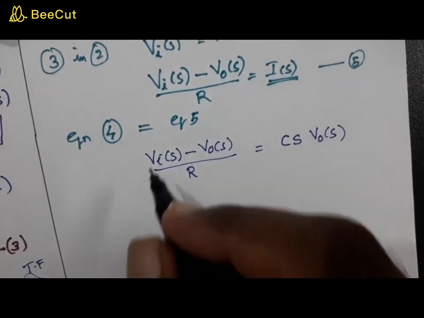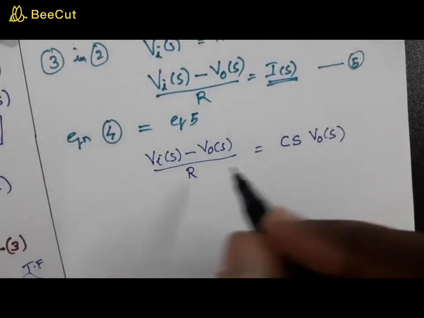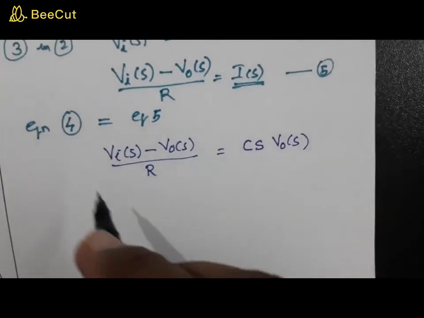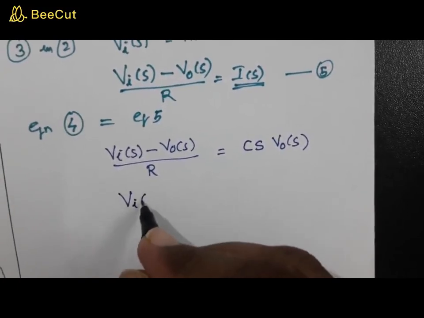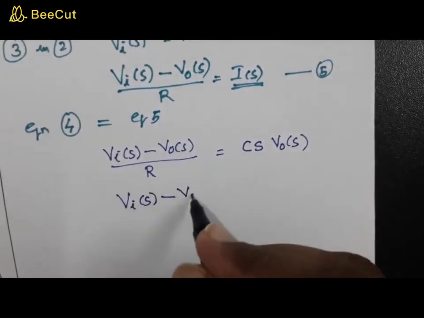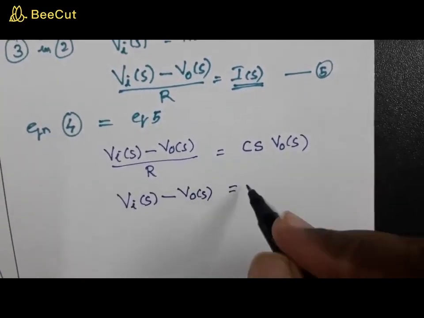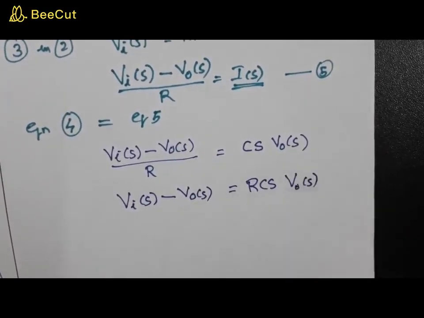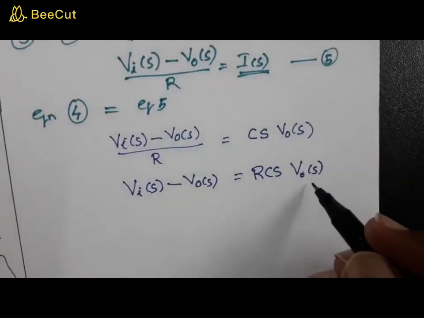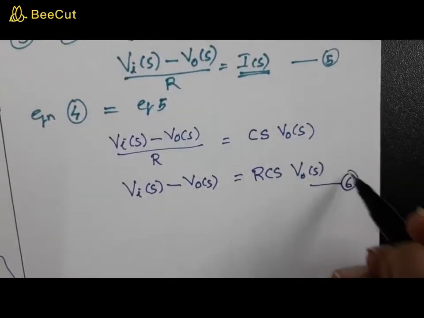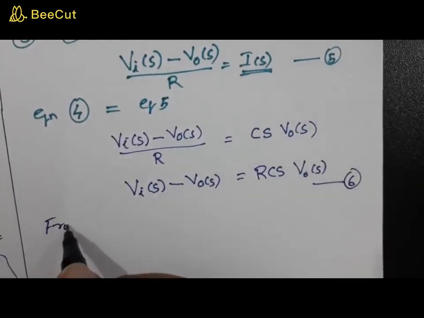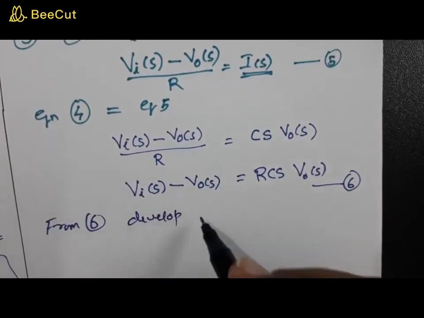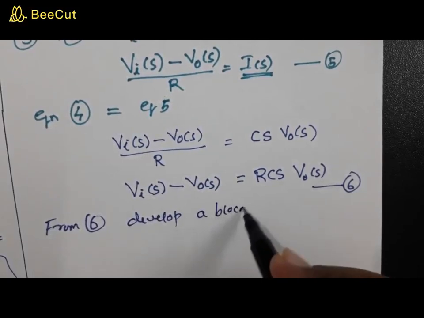Now, from this equation, we can write Vi of s minus V0 of s is equal to RCs into V0 of s. Now, this is the equation; call this equation 6. From 6, we are going to develop a block diagram.